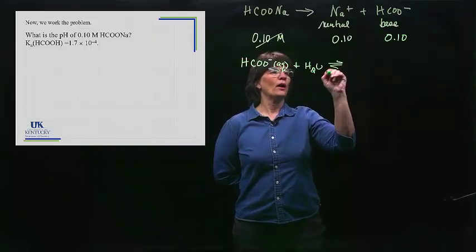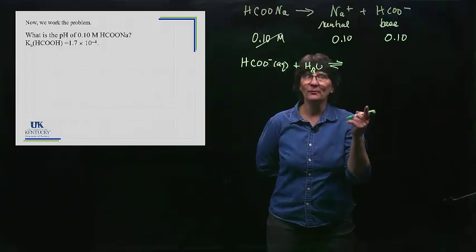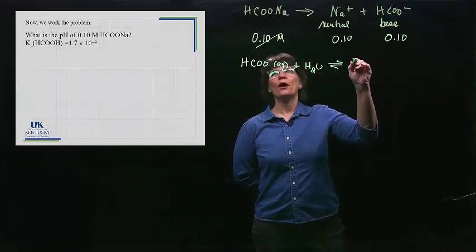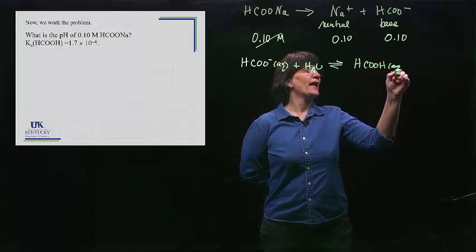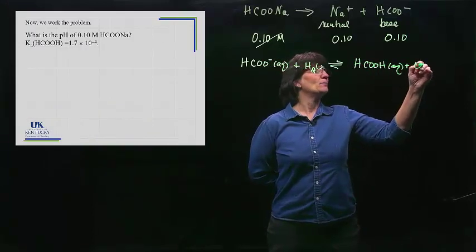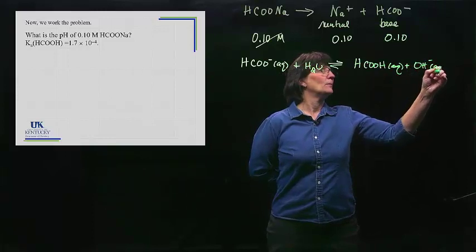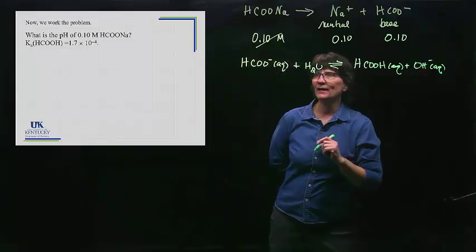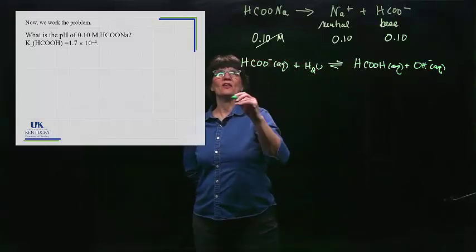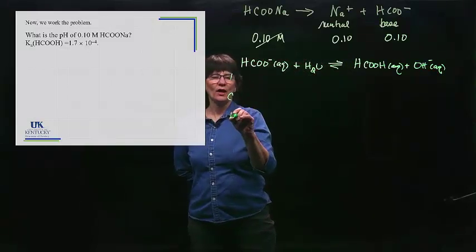As a base, when it sits in that water, it will be a proton acceptor, accepting a proton. So write the products. The products would be HCOOH and OH minus, because the water gave its proton, leaving you OH minus behind. It's an equilibrium because that's weak, so we'll do an ICE table.